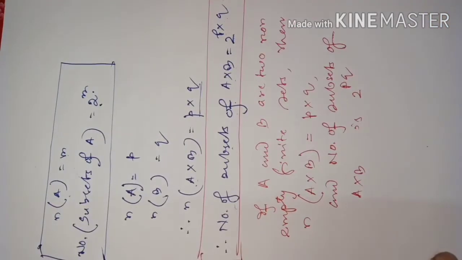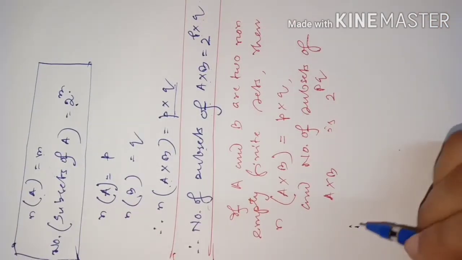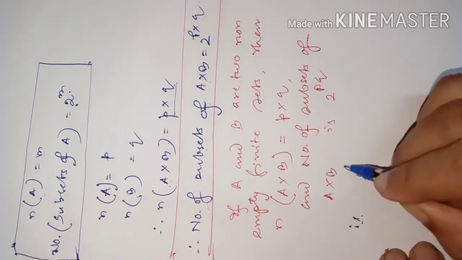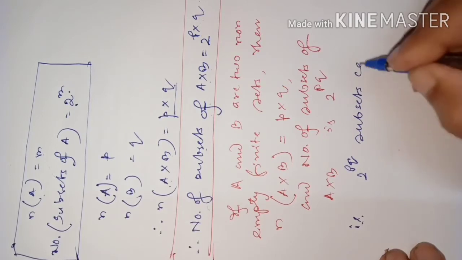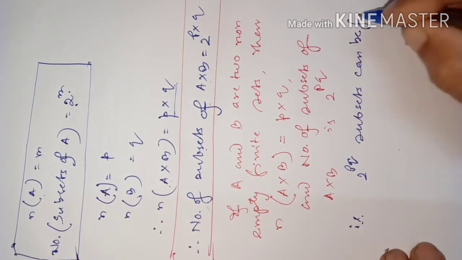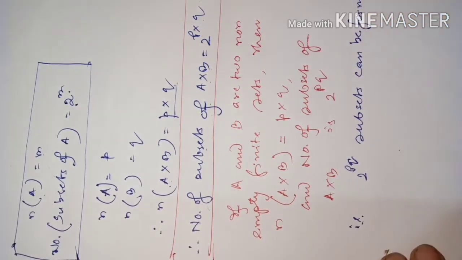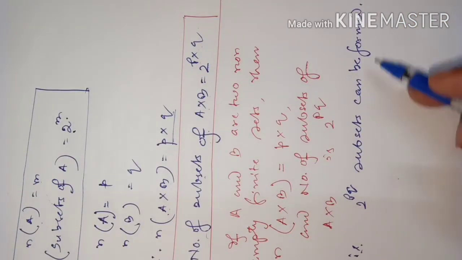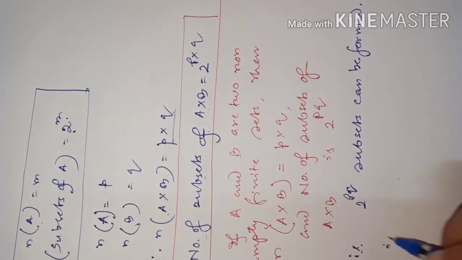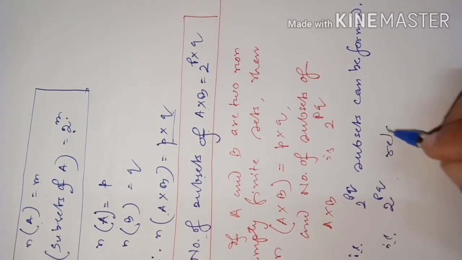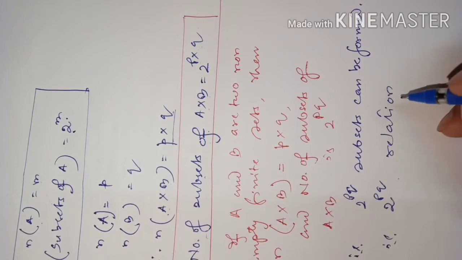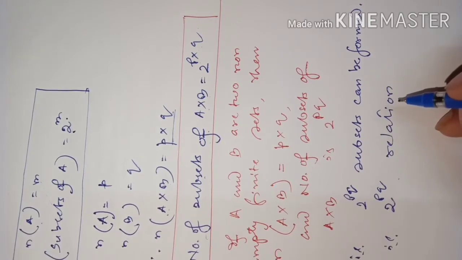That is, 2 to the power of P into Q subsets can be formed. That is, 2 to the power of P into Q relations also can be formed, because every subset is a relation, because every subset of a Cartesian product of two non-empty finite sets is a relation.